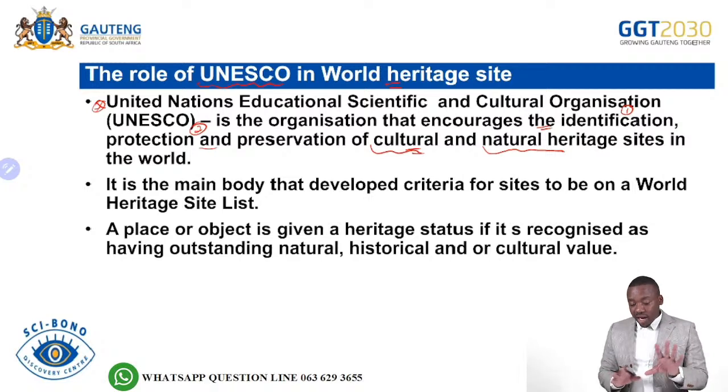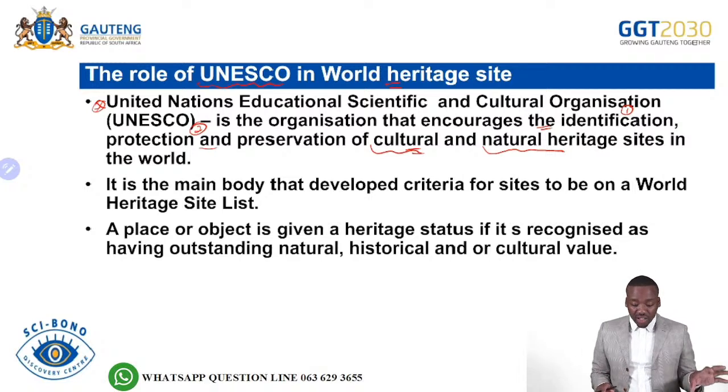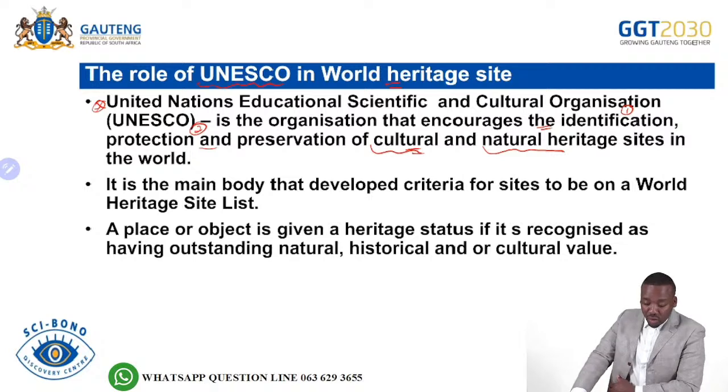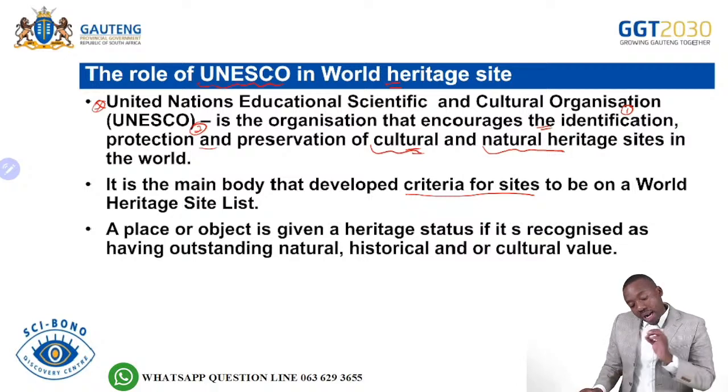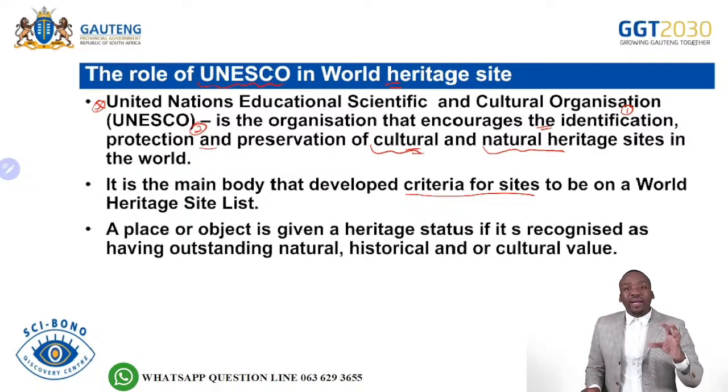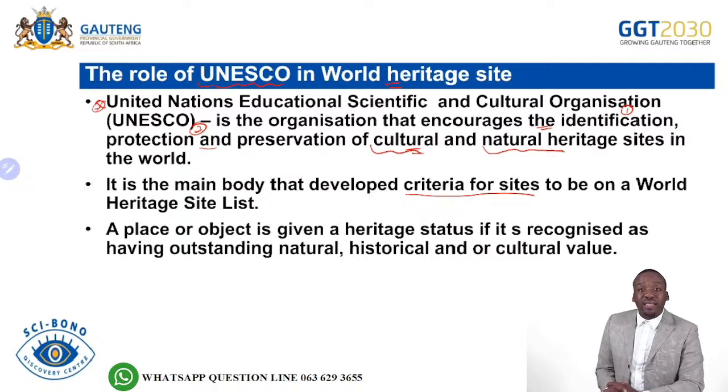I will try to clarify the difference between cultural heritage sites and natural heritage sites. Another function of UNESCO is that it is the main body that developed criteria for sites to be on the World Heritage Site list. Later we will also look at what criteria an attraction must have in order for us to declare it a World Heritage Site, or for it to be on the World Heritage Site list.